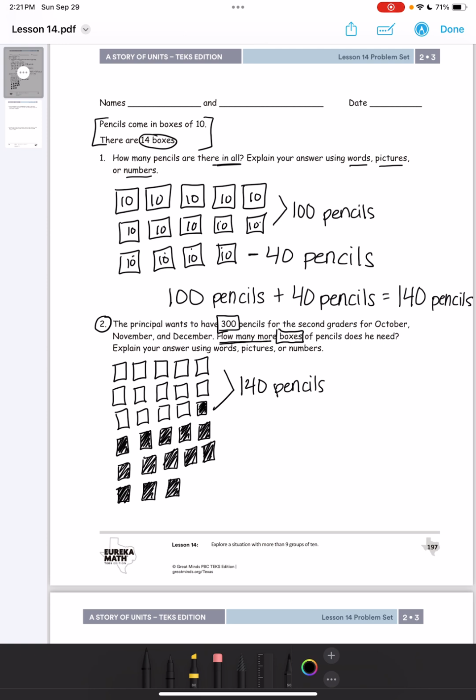So remember, I was counting by tens because there are 10 pencils in each one of these boxes.